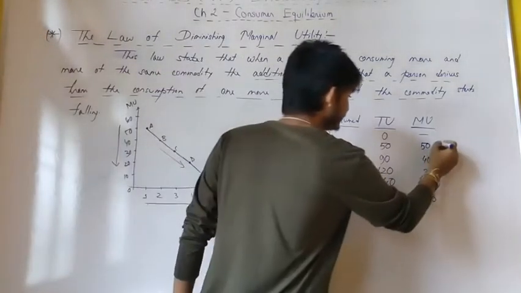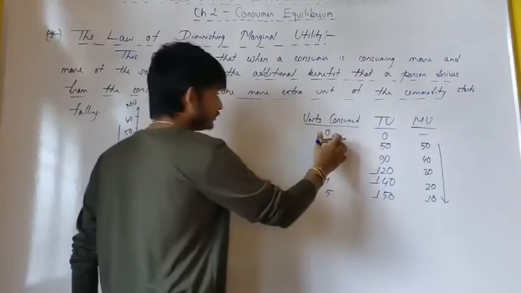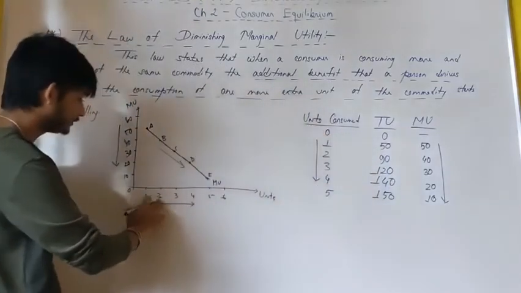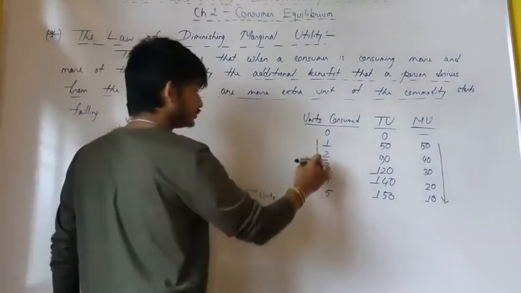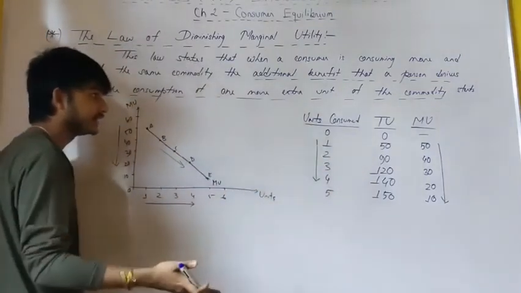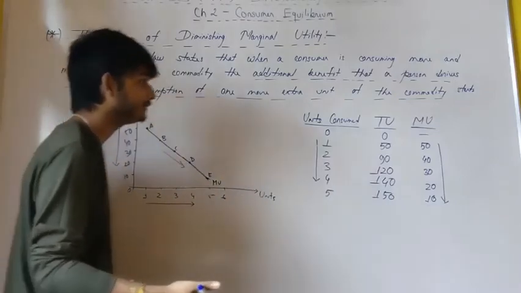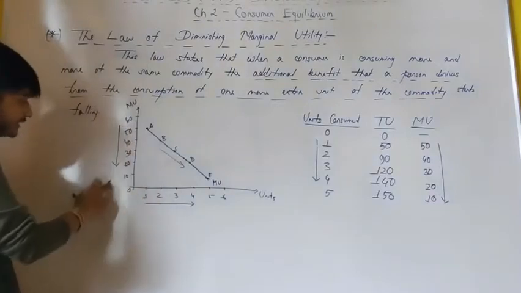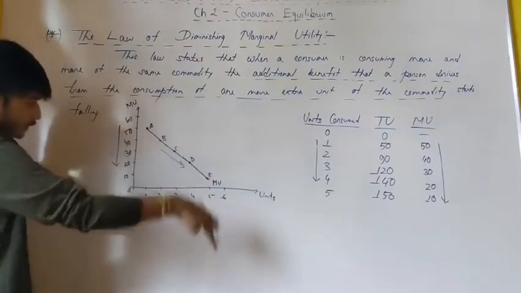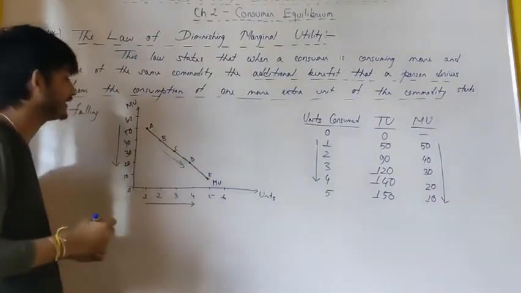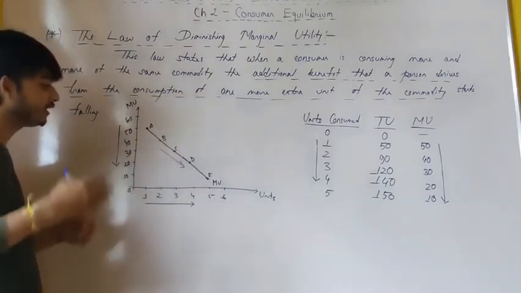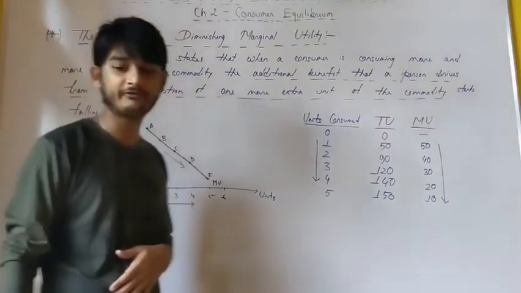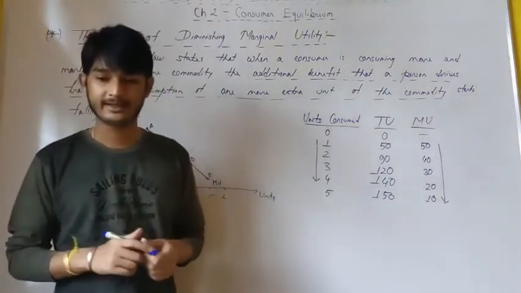Here on one side the units consumed are increasing, 1 2 3 4 5, one by one, but the marginal utility is declining. Hence we have got a downward sloping curve indicating that the marginal utility falls whenever we consume more and more of the same unit.